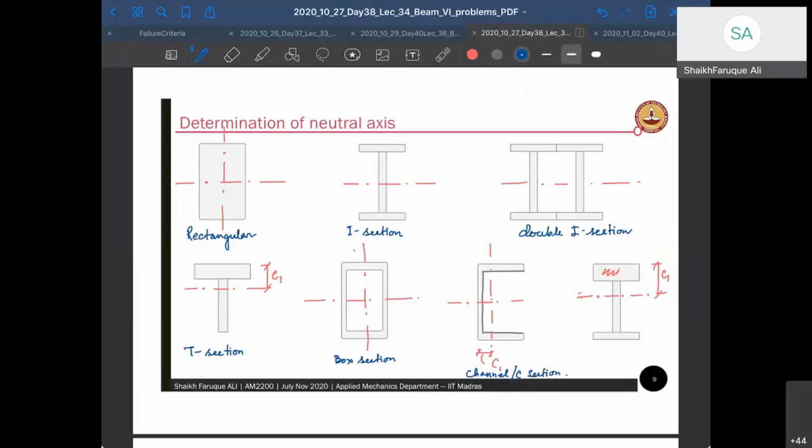For example, this web has a thickness, let's say this thickness is 10 mm. If your design requires a thickness of 10.5 mm, you may not get 10.5 mm in the market because that is not manufactured. So you will get probably 10 mm and then maybe 12 mm, so whatever comes in between should go to 12 mm.